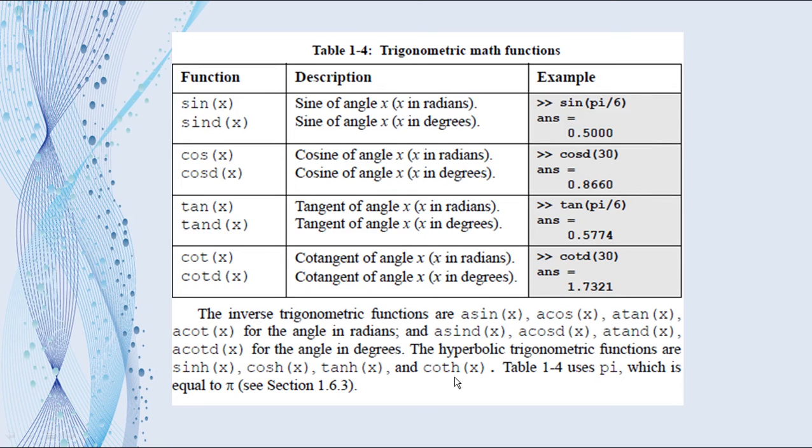The remaining two, cosecant h of x and secant h of x, we can get through the reciprocal of it. Table 1.4 uses pi, which is equal to pi. That is to be seen in the book, section 1.6.3.